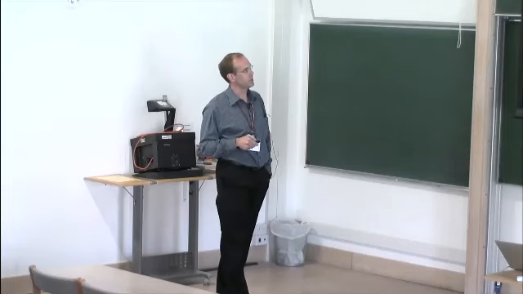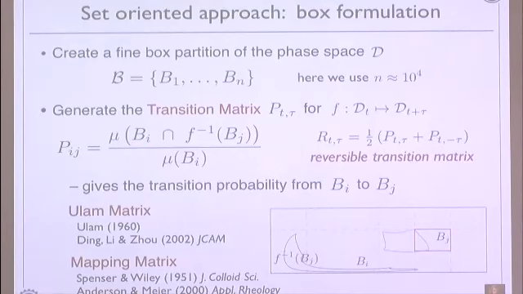The basic idea is that you look at the measure of the intersection between some box B_i, let's say this one right here, with the mapping of some other box B_j. The classic definition is to map backward. So we look at B_j, and under these two iterations that make one full period of the flow, we see where that box ended up, and we look at the intersection of that with box B_i.